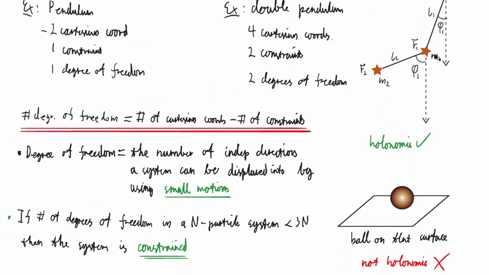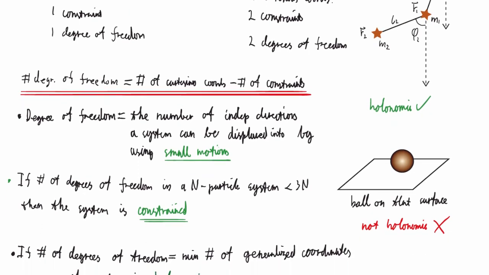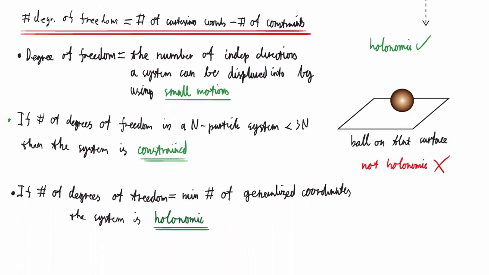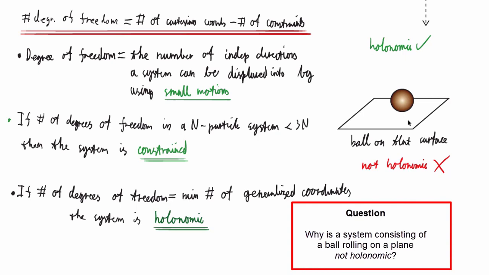The double pendulum is holonomic. The ball on the plane is not holonomic. Okay, we will talk more about that in class. But until then, I'd like you to think about why that might be. Why is the system of a ball rolling on a flat surface not holonomic?